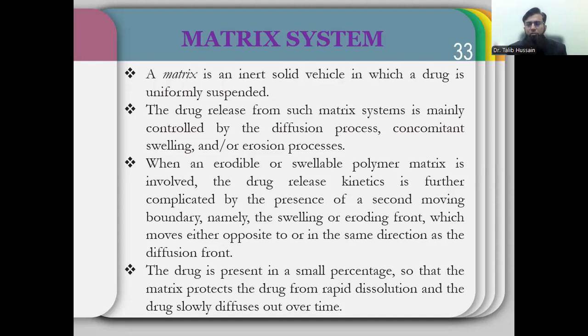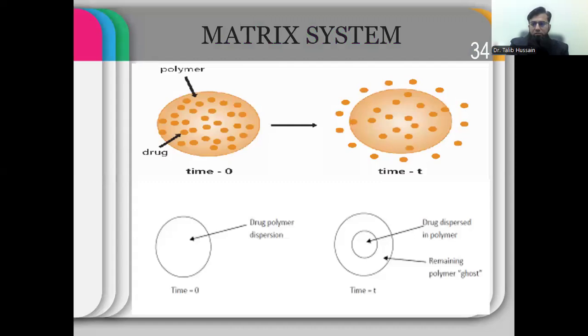As the volume of diffusion increases, it will have more penetration power into the small-sized matrix system. So drug release will be increased, but it will not be released immediately, as in the case of the reservoir system. Matrix has a superiority over the reservoir system.